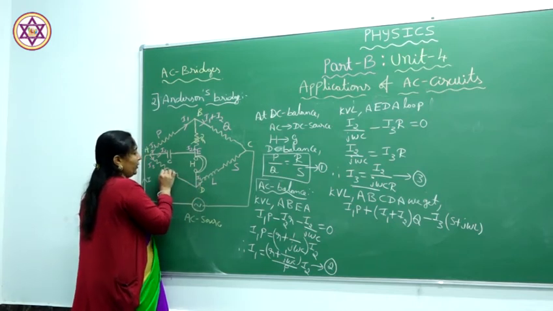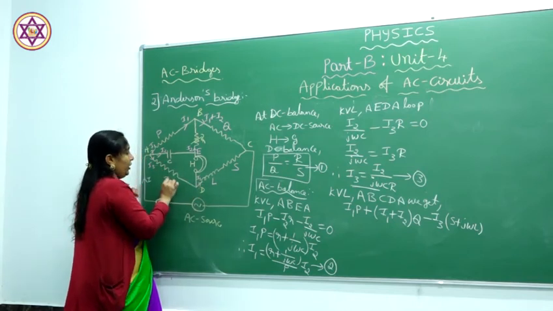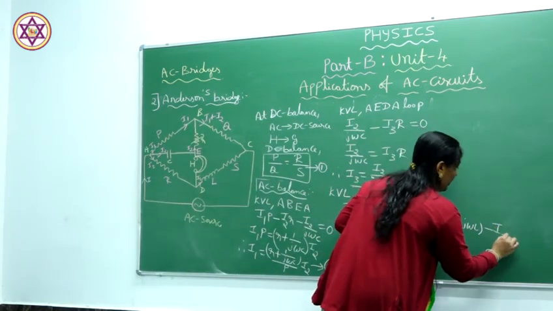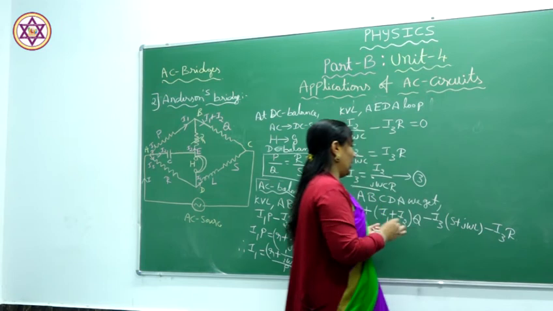Consider another one, I3 into R. So, minus I3 into R.